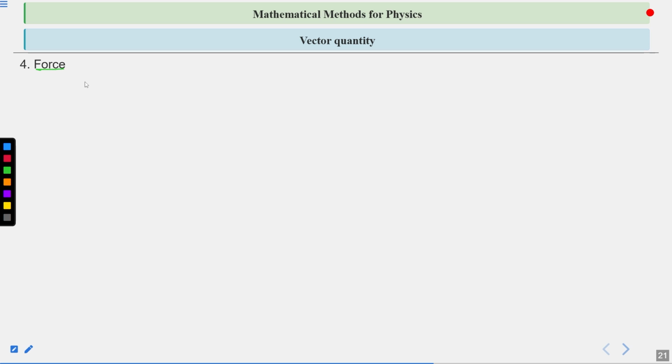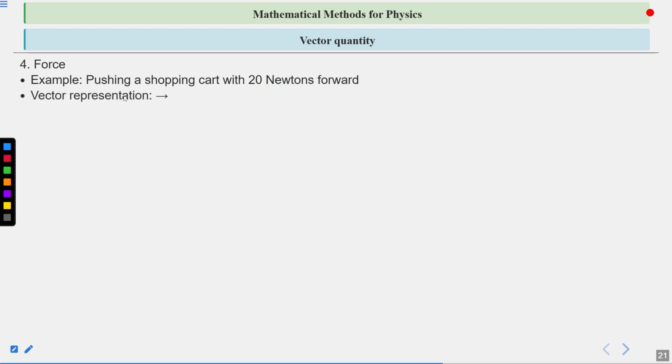Fourth is force. Example, pushing a shopping cart with 20 newtons forward. Pushing means in the forward direction. And the magnitude is what? 20, and the direction is forward. Representation is vector.